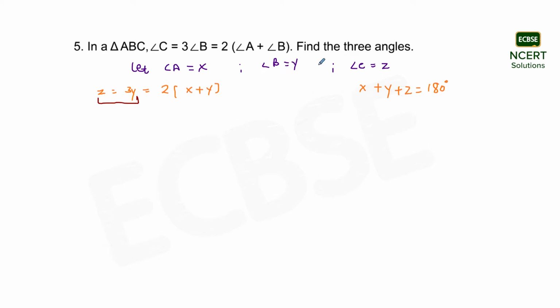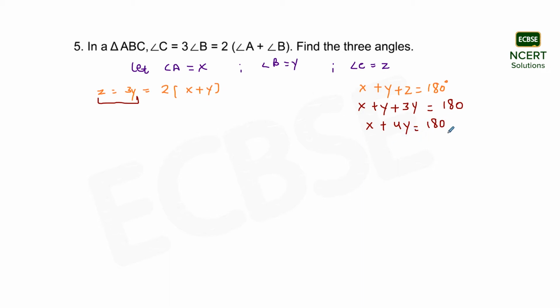So making the substitution, I get x + y + 3y = 180, and I can write 180 degrees because the values involved are angles. Adding them, I get x + 4y = 180.